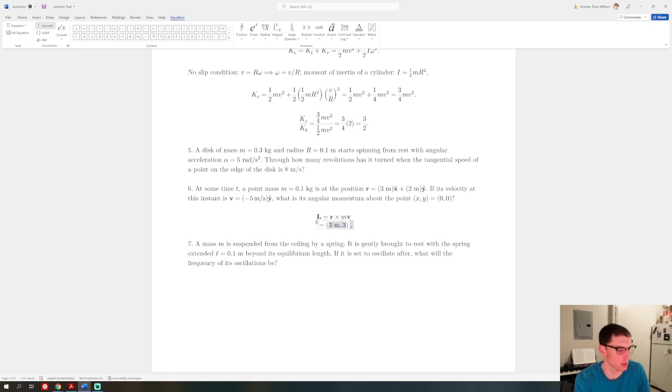Its y component is 2 meters, and it has no z component because it's sort of restricted to the xy plane just by the problem statement. And then we times 0.1 kilograms times the other vector, the velocity vector, which is pretty nice because it only has one component, right? Just the y component.